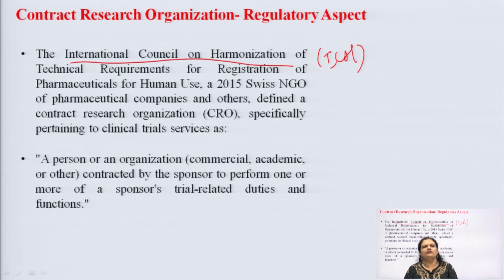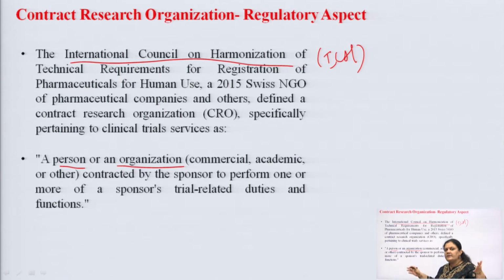It is a 2015 Swiss NGO, NGO meaning non-governmental organization, of pharmaceutical companies and others, which defined a CRO specifically to conduct clinical trial services. What is the definition? A CRO is sometimes a single person, also considered to be a sponsor, or any organization.